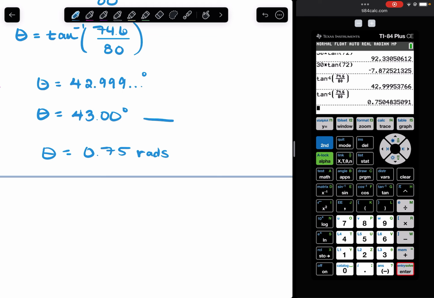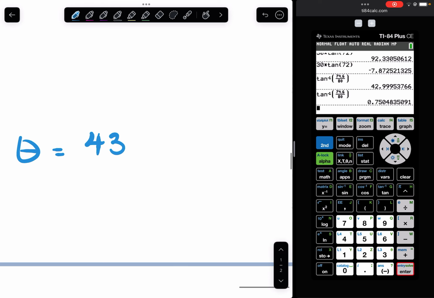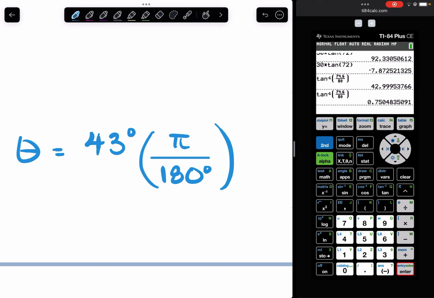All right, second option, instead of just going back to the calculator, and I normally won't go back to the calculator, I'll just convert it. So there's my degree answer. So my theta in radians would be 43 degrees, and then we use our conversion pi over 180. So our degrees divide out.